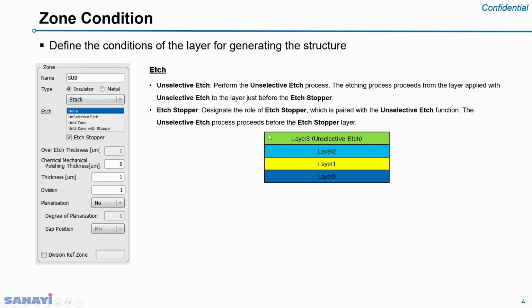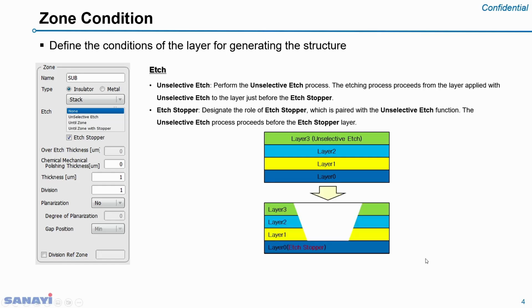The etching process starts from layer 3. It means that unselective etch should be checked for the zone condition of layer 3. And when you want to proceed with the etching process from layer 3 to layer 1, layer 0 should be an etch stopper, because etching proceeds until just before the layer for which the etch stopper is checked.